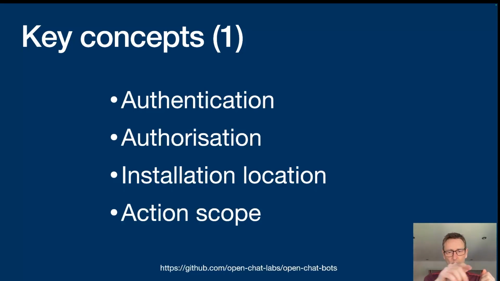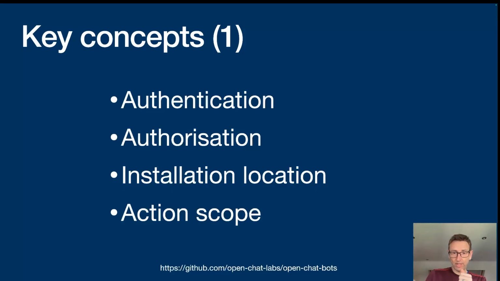We're going to talk a little bit more about scope in a minute, so we'll come back to that. So in order to prove that the bot meets these criteria, the who and the what, the bot must present a credential with every interaction with the OC backend. And we're going to go into the different kinds of credentials that can be used in different use cases in a little bit more detail in a minute.